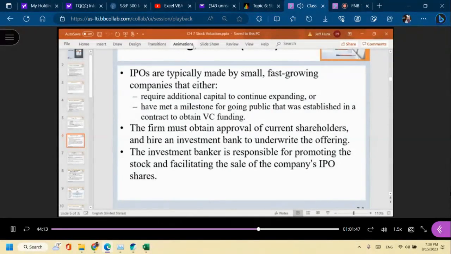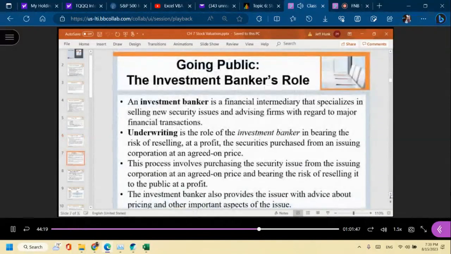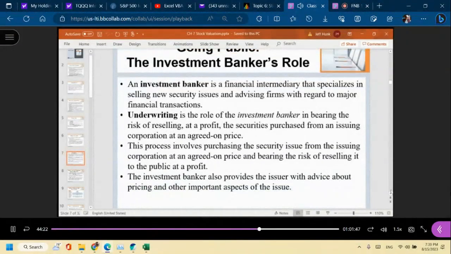What does it mean exactly in the context of an IPO? Well, let's take a look at this. Underwriting is like investment banks buying the IPO shares from the issuing company. So let's think about it. Facebook is now going public, right?